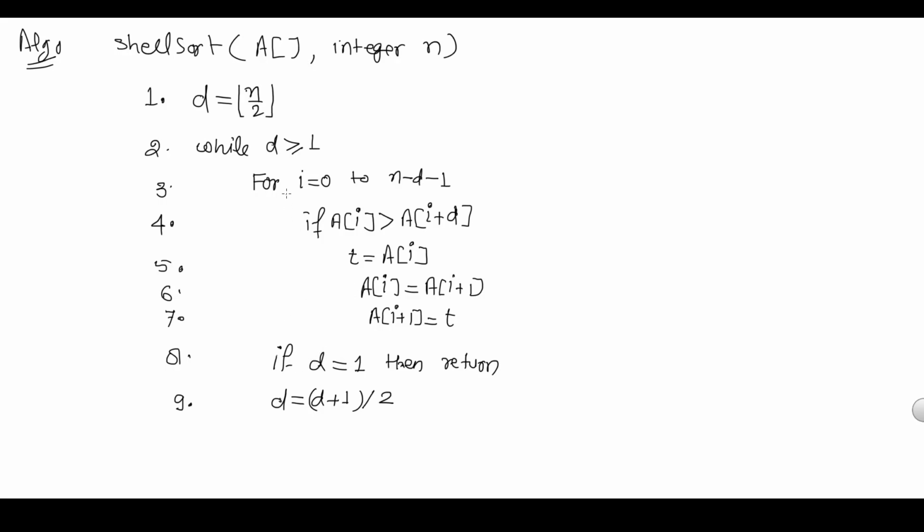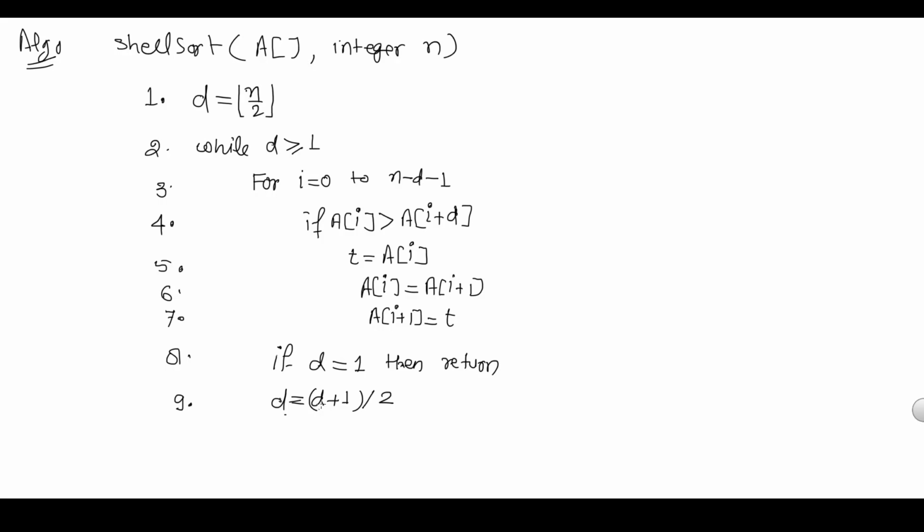And if d is not 1, then we calculate the d value inside the while loop. See here, the first time the value of d was 3, so 3 plus 1 is equal to 4, by 2, and this will come out to be 2. So 2 is greater than or equal to 1, yes, we will come again inside the loop, and d is not 1, so we will calculate the new value of d.